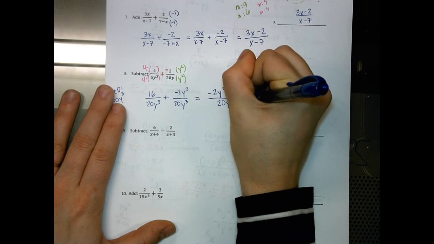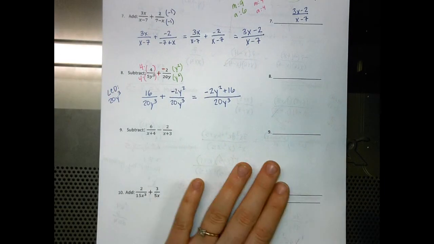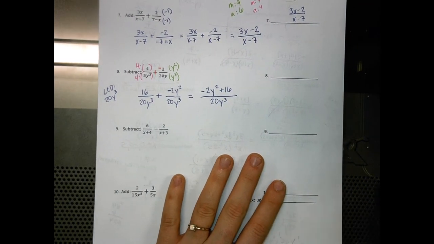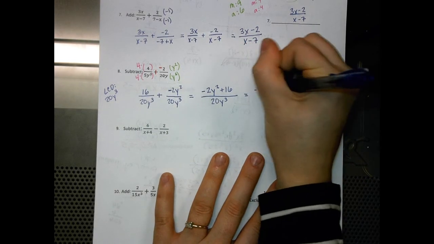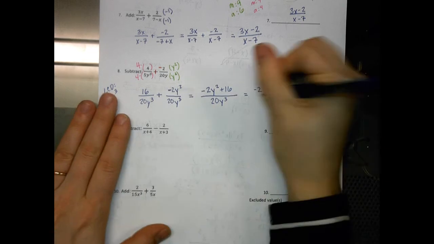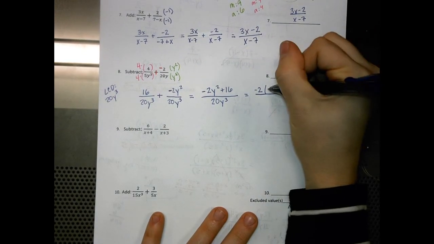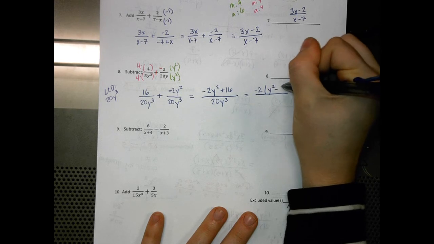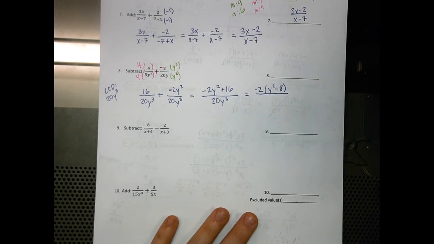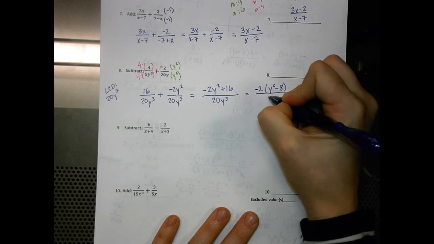What's my greatest common factor of my numerator? -2. You can pull out a -2 or a positive 2 depending on what will help you more. And then I'm left with y squared minus 8. And then my denominator is 20y cubed.